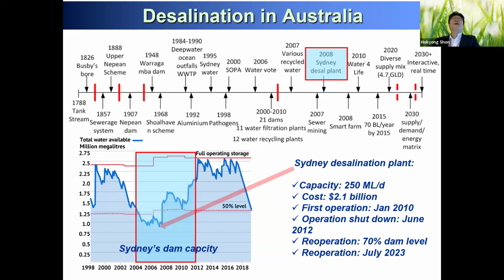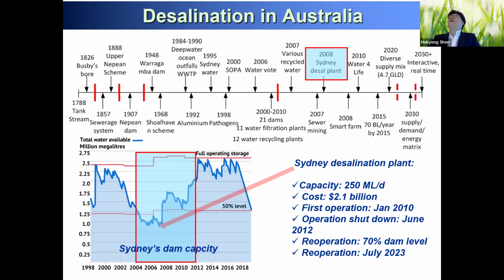Now this is a waste of our money, and we don't operate desalinated water. A lot of people complained about who will be responsible for the $2.1 billion desalination plant. So Sydney Water was very afraid of this situation because everybody was talking about who will be responsible.